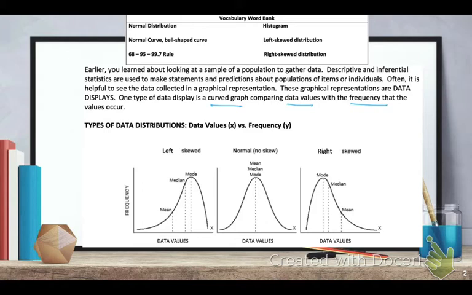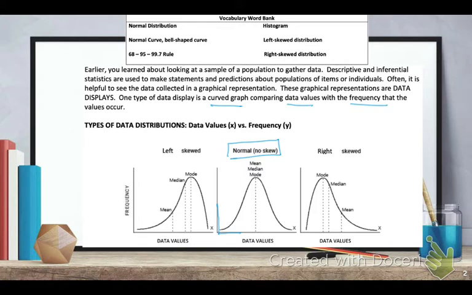Now in the middle, this is a type of curve called a normal distribution. If you look at it here, marking the origin for the x and y axis, it's the data values compared to how many times those values occur, frequency. Right in the middle, the data values go just like normal, from low numbers up to high numbers.